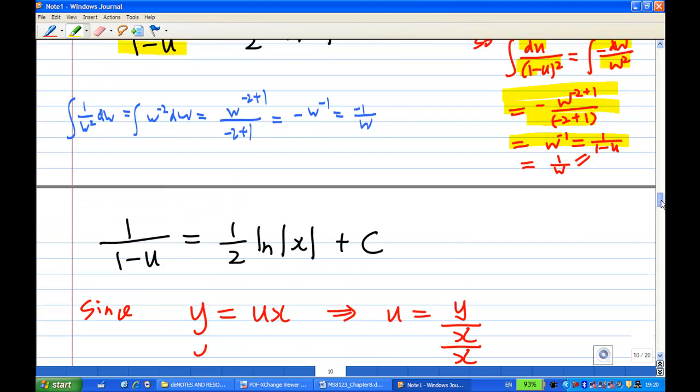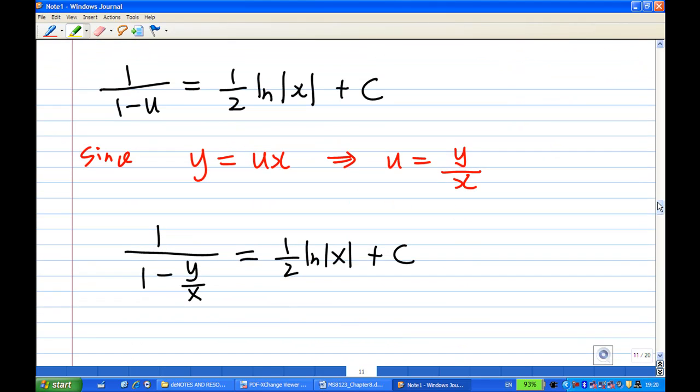Now let's continue. We're going to find the expression by putting back u. What is u now? Since y equals u times x, u is equal to y over x. So the u here is y over x.